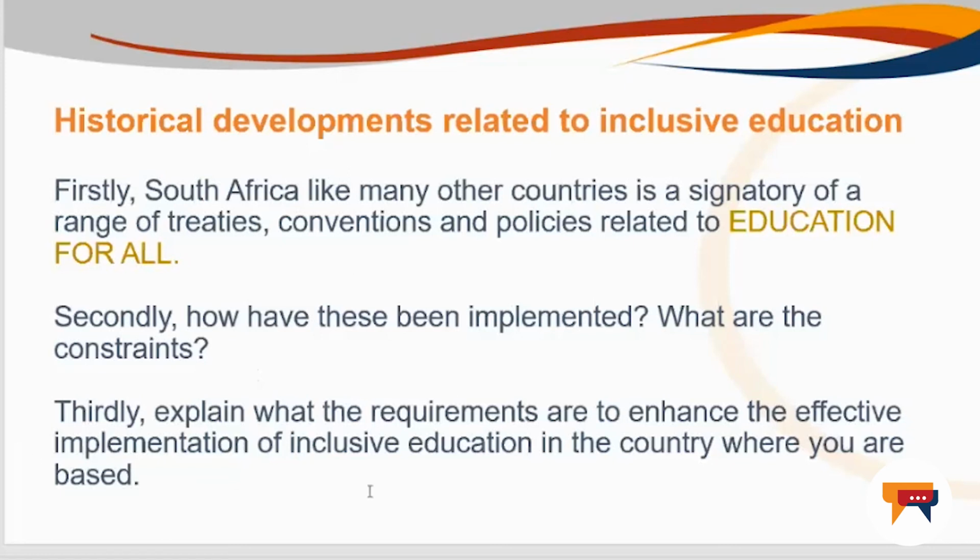So we really want you to think about what are the requirements for the effective implementation in the country where you are based, in the context where you are based. Our students are in urban areas, in rural areas, in peri-urban areas. Some of you are working with huge class sizes. So in your context, what would your requirements be?